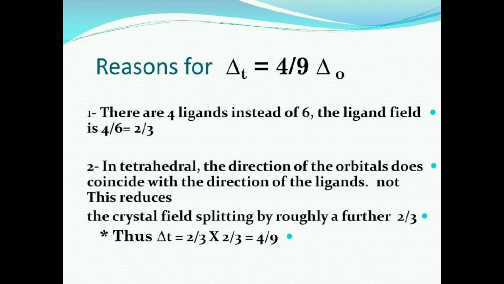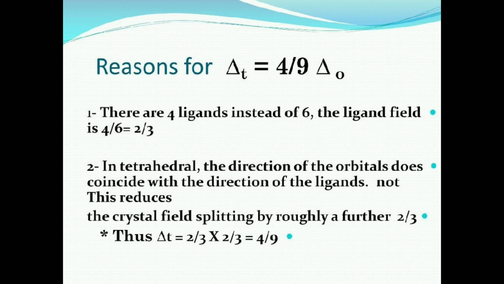Now the reasons for delta T being equal to 4/9 times delta O are, first, there are 4 ligands instead of 6. The ligand field ratio is 4/6, that is 2/3. In tetrahedral complexes there are 4 ligands and in octahedral complexes there are 6 ligands, so there is a difference in the number of ligands, and that is 2/3.